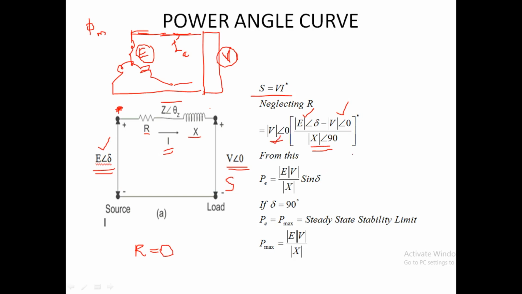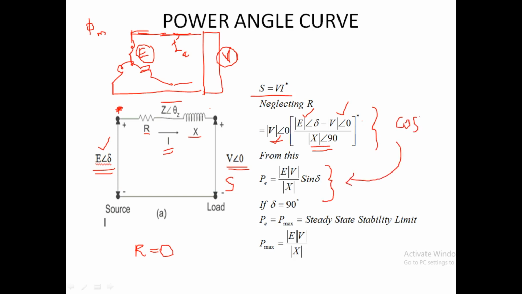From that we can find this P will be its cosine component, whatever we are getting here, and taking its cos component will give you PE.